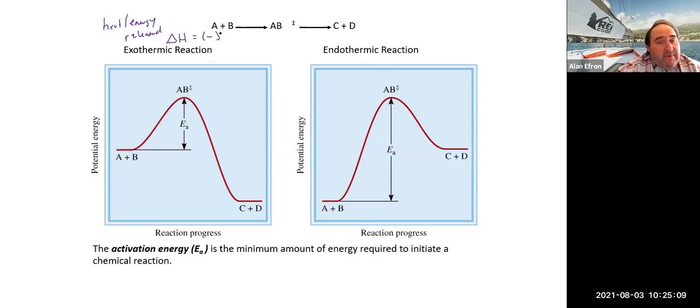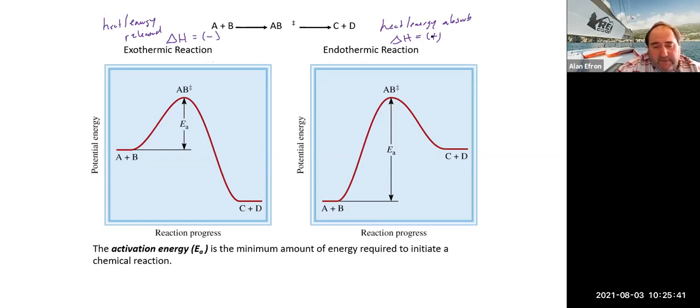So a negative number in terms of delta H, which is the enthalpy, or in terms of Q, which is the heat or energy, usually indicates an exothermic reaction. Opposite of that is an endothermic reaction, where heat and energy is absorbed. Again, usually displayed with a delta H that is a positive number. So a positive number in terms of energy usually implies that it's an endothermic reaction.